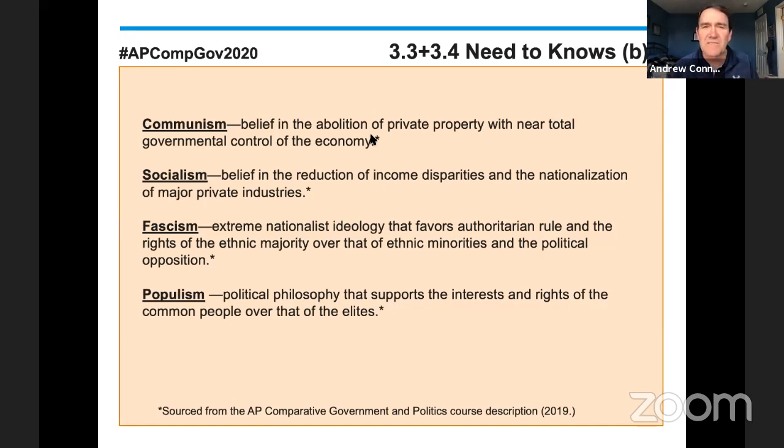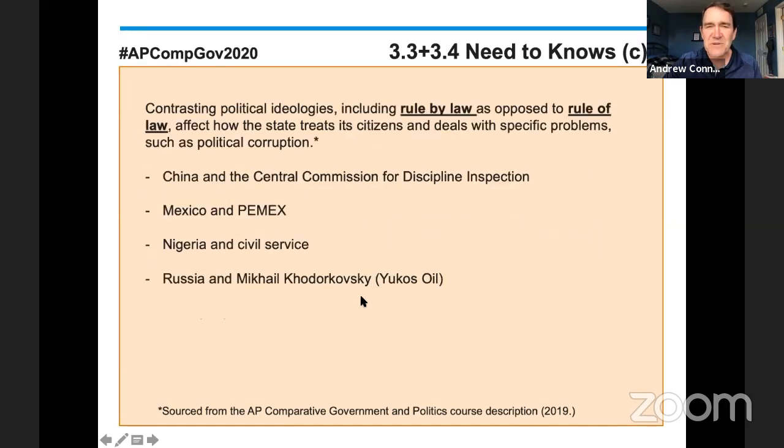And with populism, you oftentimes see populist politicians playing up nationalism, but also playing up the idea of common people over the elites. So that's what characterizes the ideology of populism, and the definition comes straight from College Board.